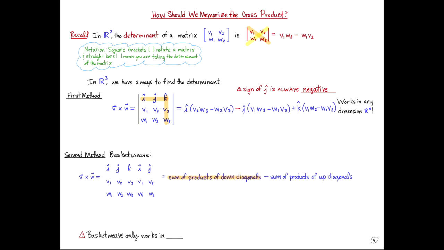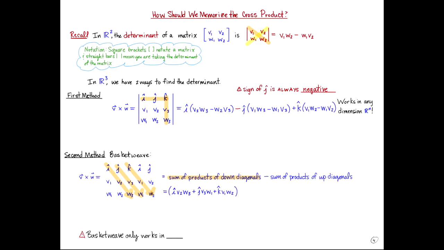Our first down diagonal is equal to i times V2 times W3, plus the product of our second down diagonal, j times V3 times W1, plus the product of our third down diagonal, k times V1 times W2.